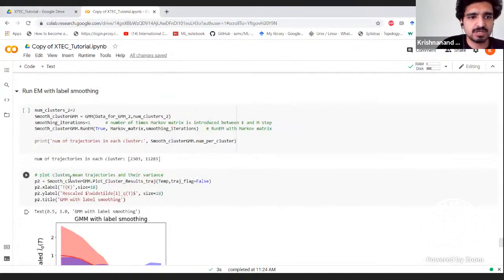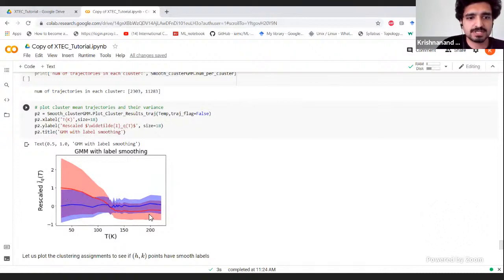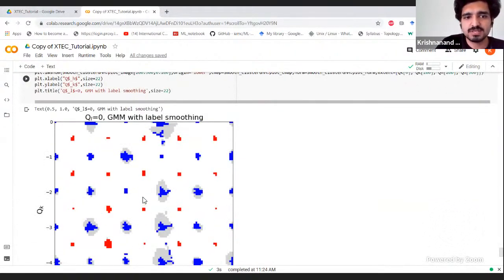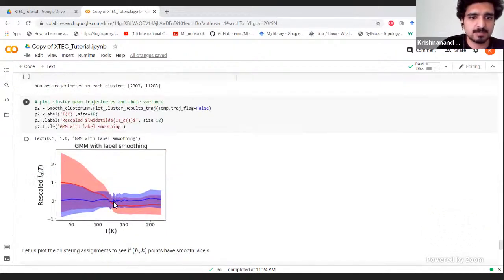After label smoothing, if you run it again and do the clustering, you can see that you find this order parameter trajectory. And if you look at the pixel assignments, you see that the color assignments are kind of smooth over each peak. And the red pixel is the charge density wave peak, and that has this order parameter-like trajectory.